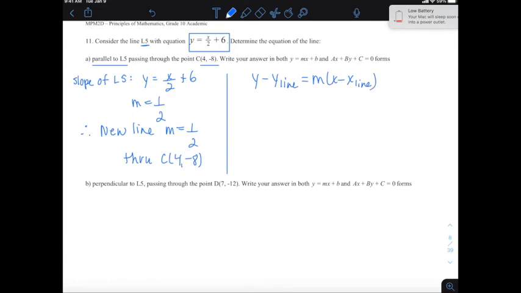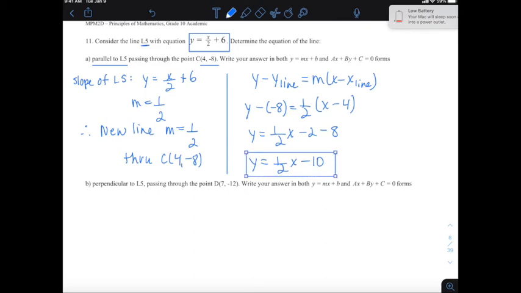I know my slope is 1/2, and it goes through the point (4, -8). So y minus -8 equals 1/2 times x minus 4. And now let's just solve for y. So we get 1/2 x minus 2 minus 8. So we get y equals 1/2 x minus 10.